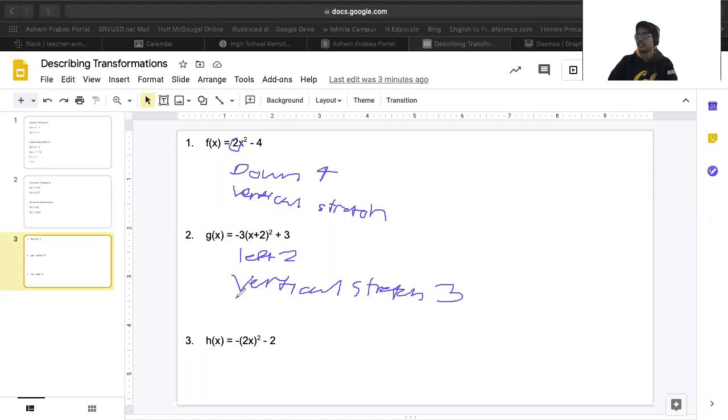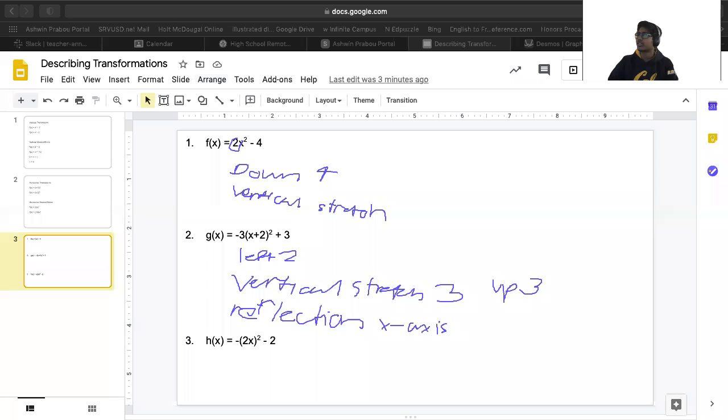And you can say that there is a reflection over the x-axis. And let's not forget that the graph is going up 3.